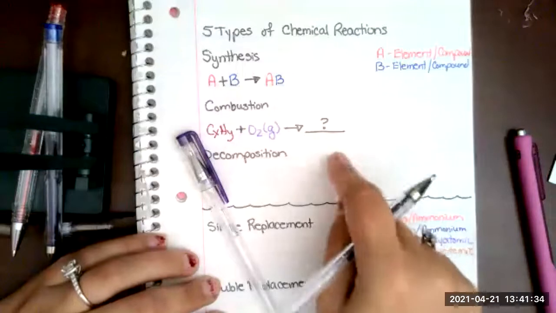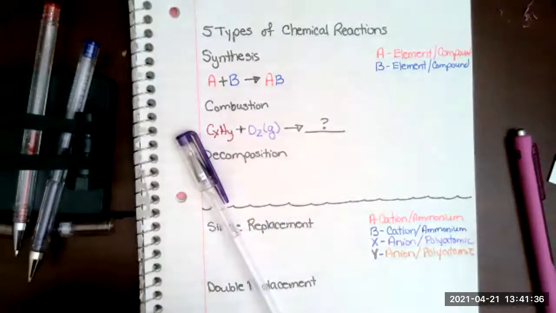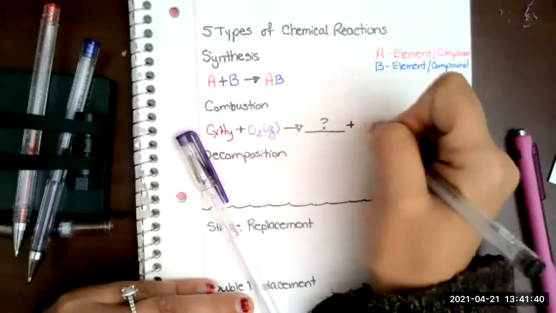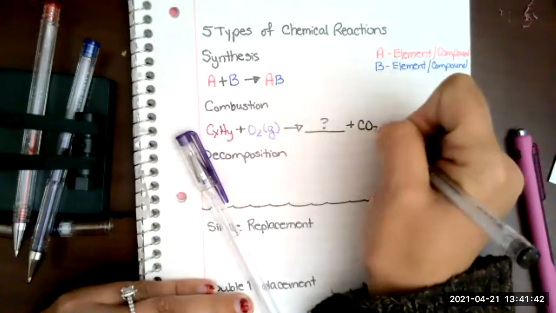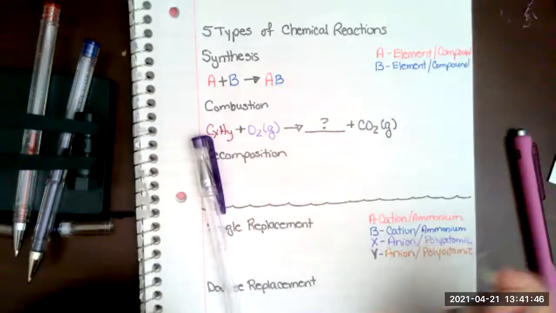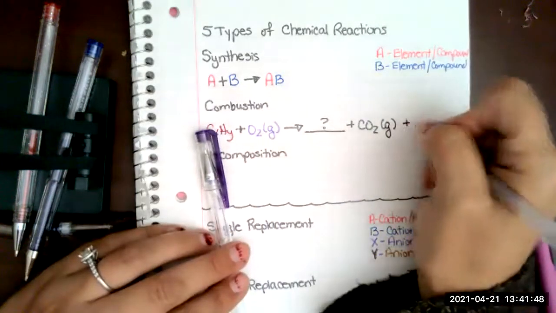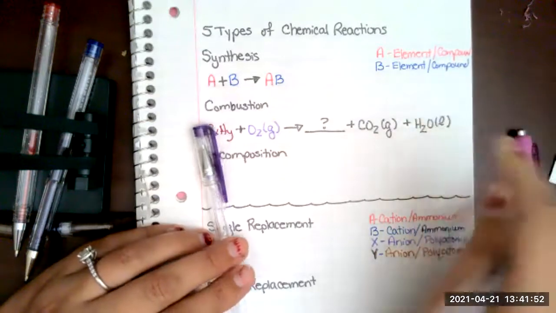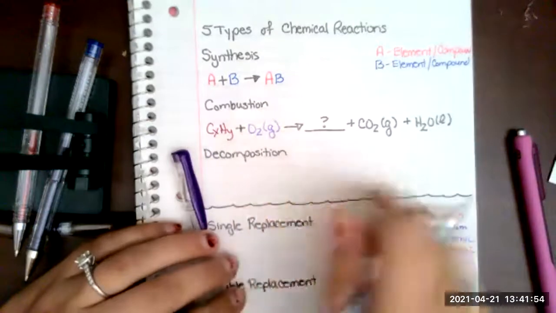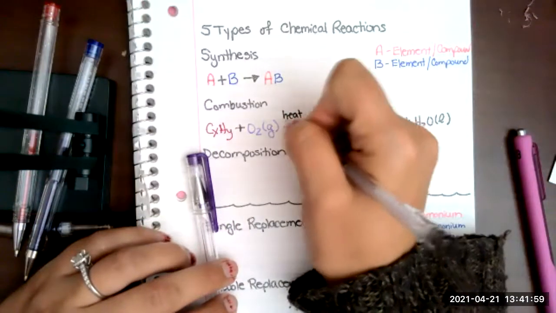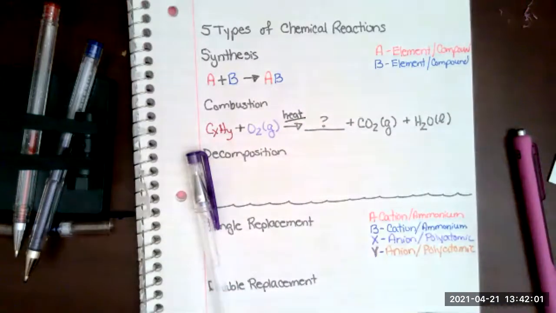So I'm going to put a question mark there, because there might be a third byproduct or there may not, but there will for sure be carbon dioxide. So if you're looking for CO2 gas, that'll for sure be a byproduct of your combustion reaction. And there will for sure be water. And often you're going to get heat there because combustion kind of relies on heat to make it work.